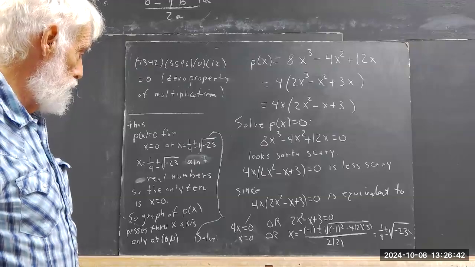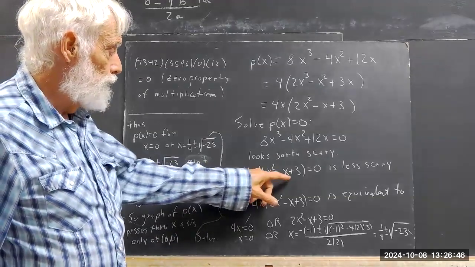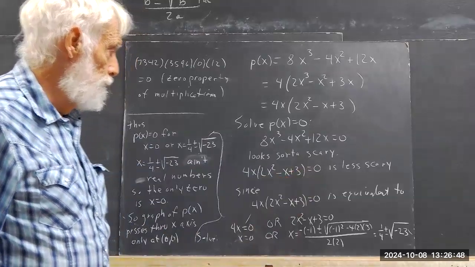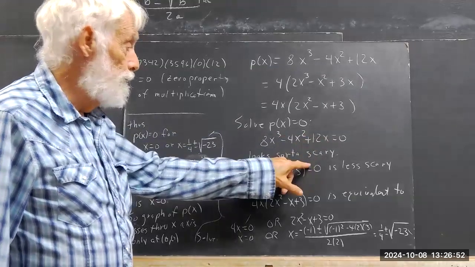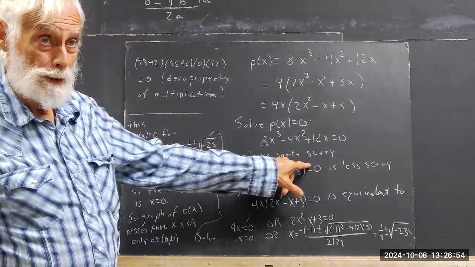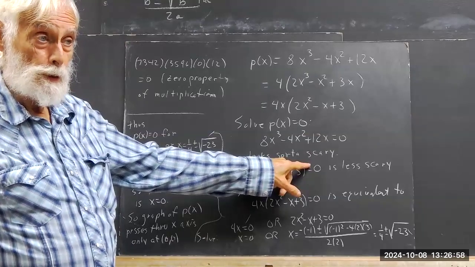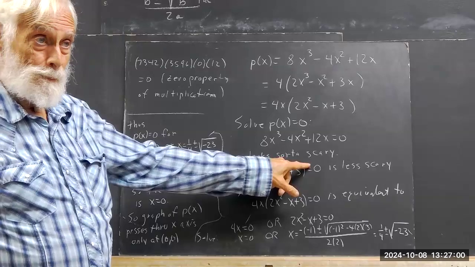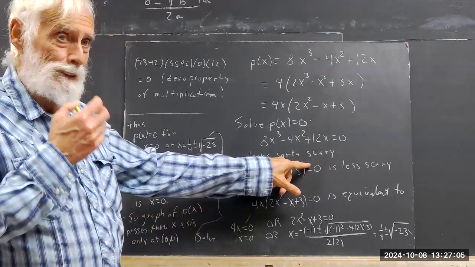We have the equation 4x times 2x squared minus x plus 3 equals 0. This looks kind of scary, because you don't have a method to solve it. Quadratic formula doesn't work and it's not linear. So you can't isolate just a single x.